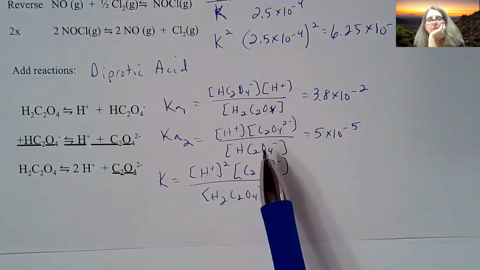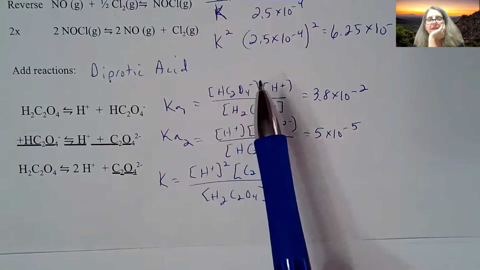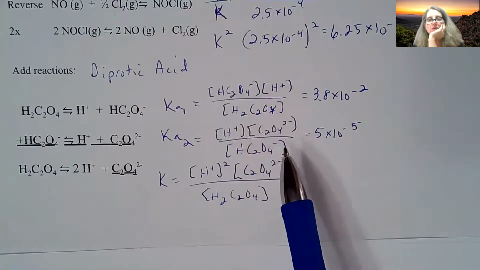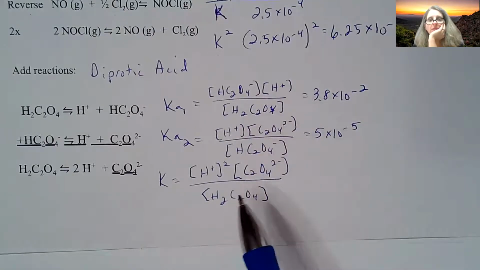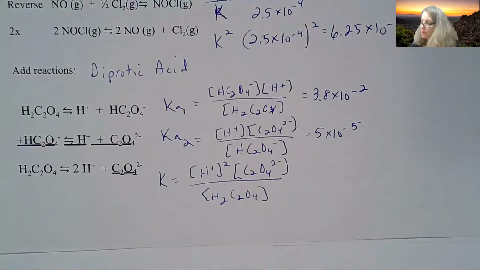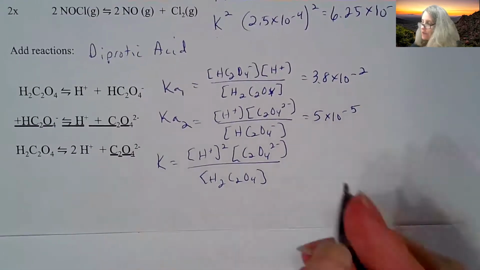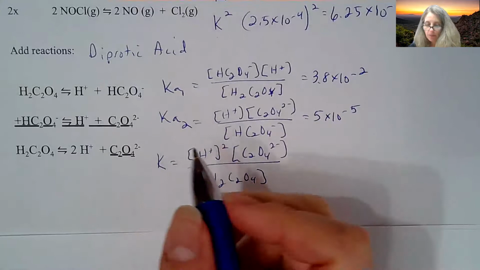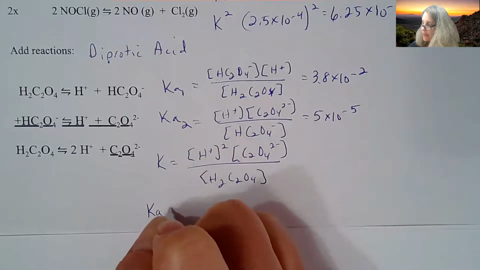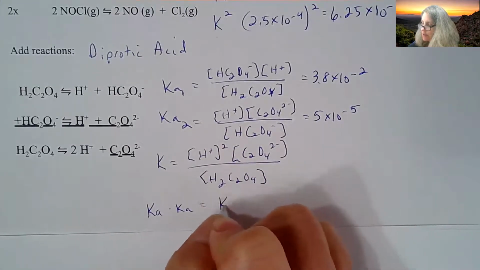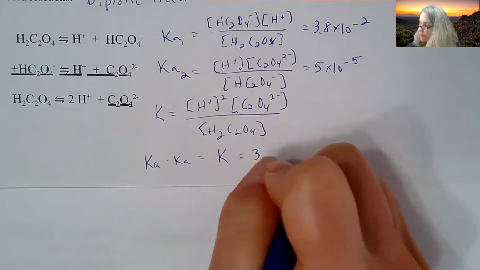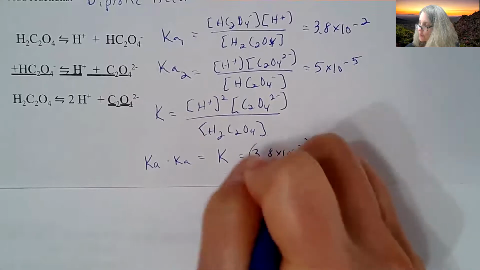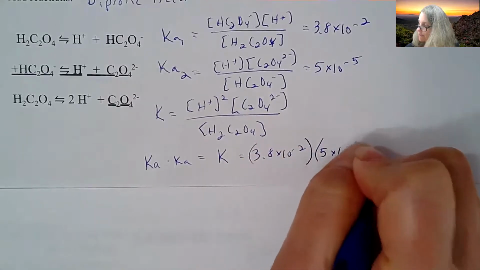So if you multiply them, you will actually cancel out the HC2O4 minus, and you'll be left with essentially what you need in your final. So what you will always do with Ks if you are adding is you're going to multiply them. So Ka times Ka is going to give you your final K. So in this case, it is 3.8 times 10 to the negative 2 times 5 times 10 to the negative 5th.